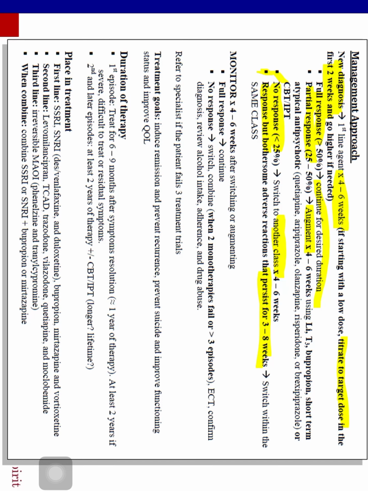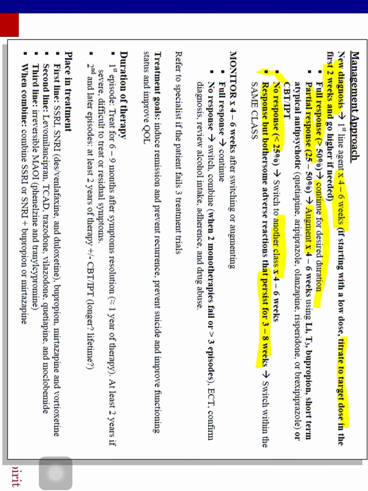The problem is the agent we used is causing side effects. So if the patient was taking citalopram, we may switch to another SSRI like sertraline. If the patient has good response to citalopram, which is the first agent, but the patient developed bothersome adverse reactions that persist for 3 to 8 weeks.